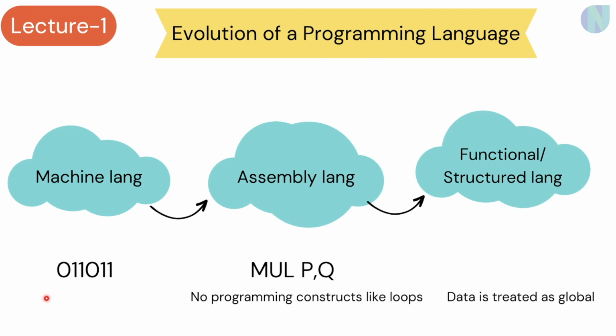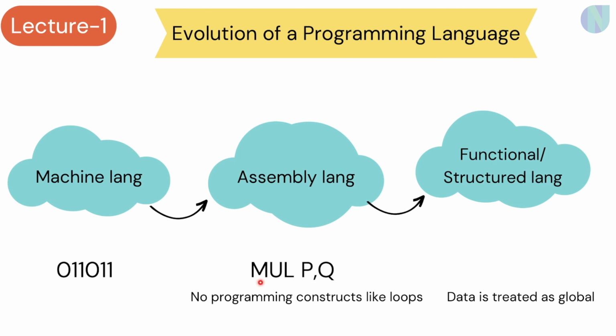Now since this was very hard to understand, we switched to assembly language. Now in assembly language, as you can see, there is a short example given below, that is MUL P Q. So can you guess what this example simplifies? So basically assembly language is also a type of low level programming language that is intended to communicate directly with the computer hardware.